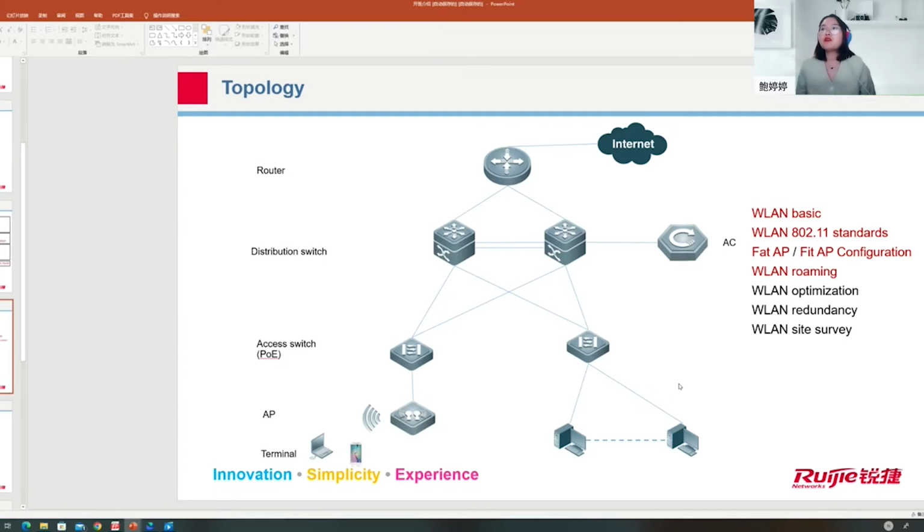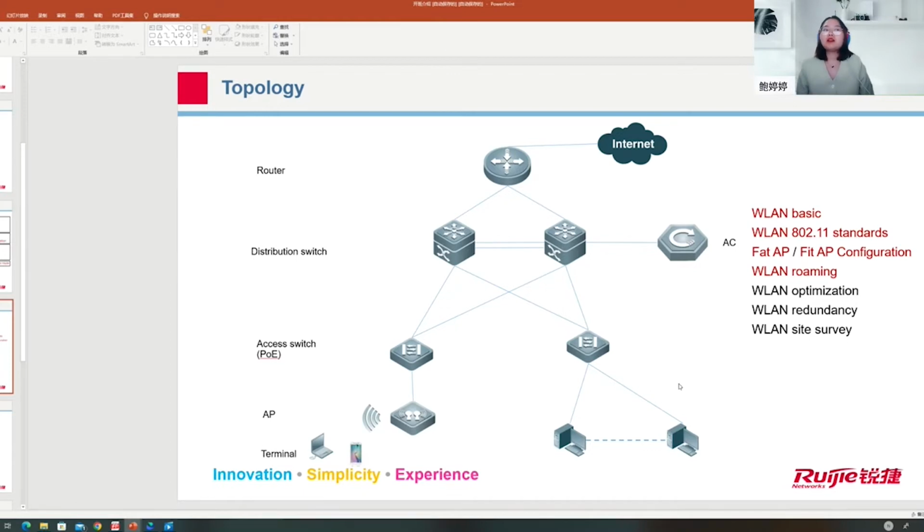In this scenario, we have to disable roaming. Otherwise, all the traffic will be forwarded to the home AP, and the home AP has to forward the traffic out. So the performance requirement for the AP is very high. So in this scenario, we have to disable the roaming function. So these were the two parts yesterday.